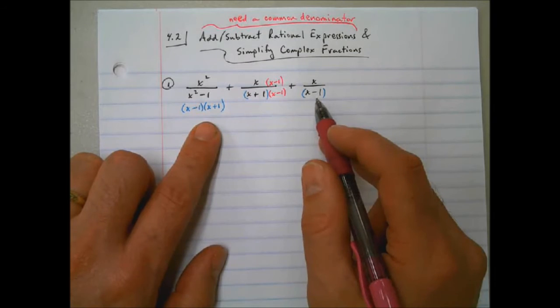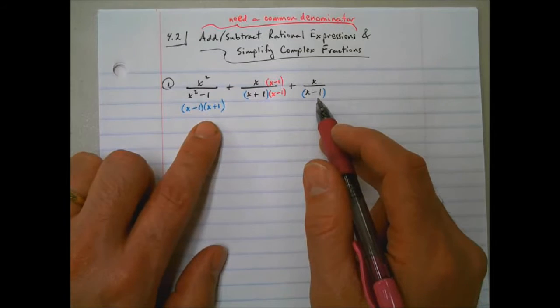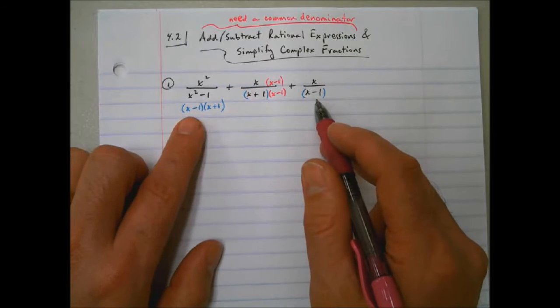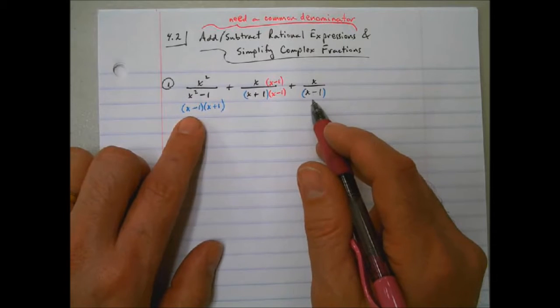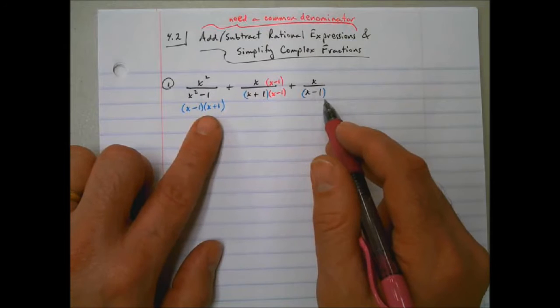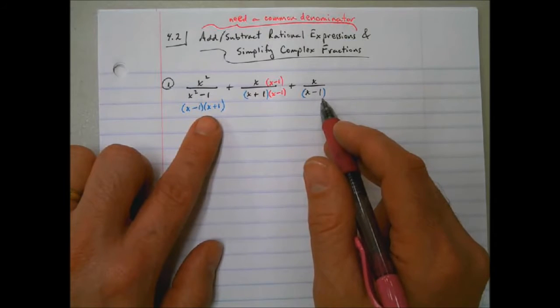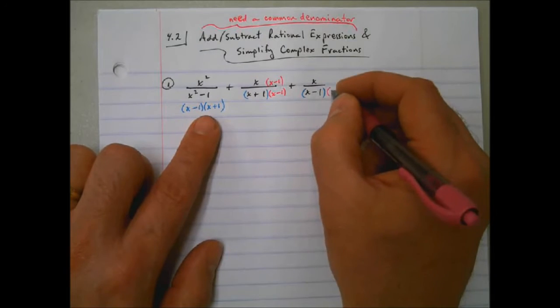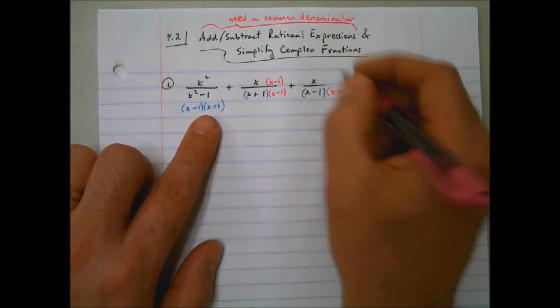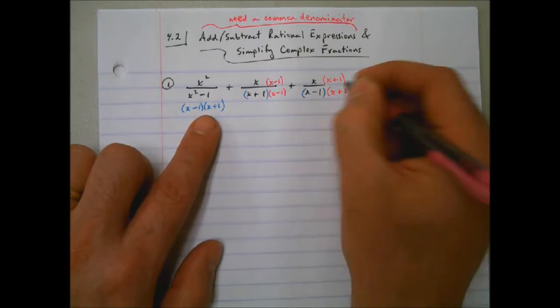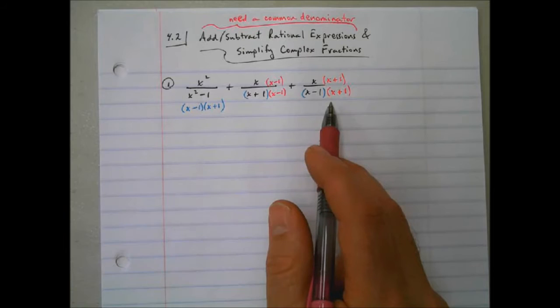The furthest fraction to the right has an x minus 1. Well, the two fractions on the left already have a common part of the denominator, but it's lacking an x plus 1. So again, you have to multiply top and bottom by the missing part so that you're not actually changing the value of the fraction.